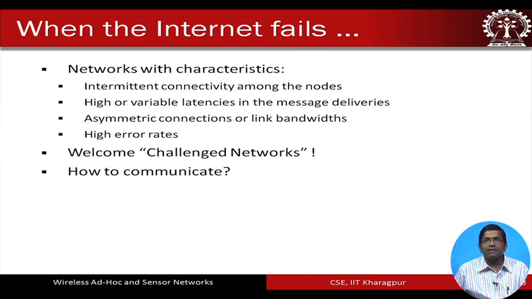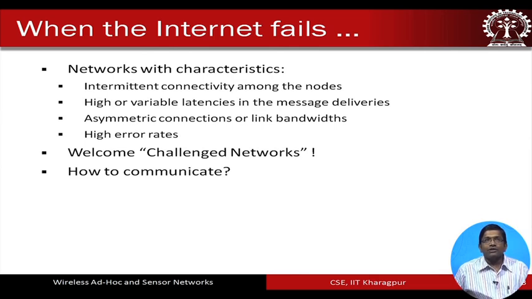At another instant of time, these nodes may not be connected at all, and for them to get connected at a later instant of time, it may not be a short duration. It may be a long duration of time that elapses before those two nodes get connected again. So, this is one of the issues.